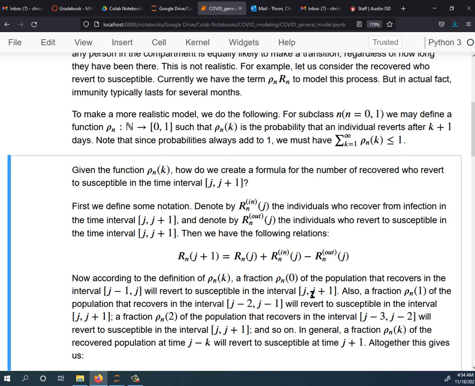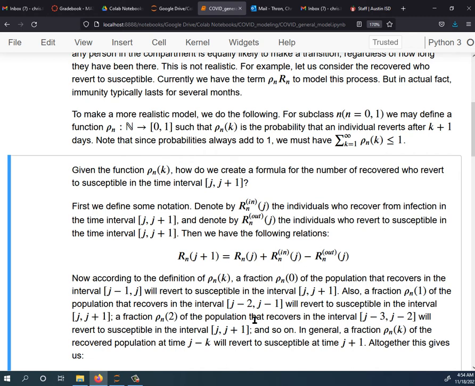So remember, rho starts at 1. This proportion, rho_n of 0, are the people who come in during this interval and revert during the next interval. Similarly, a fraction rho_n of 1 of the population that comes in 2 intervals previous will revert. And so on.